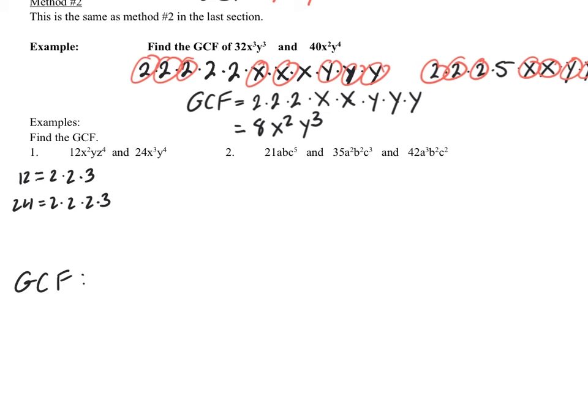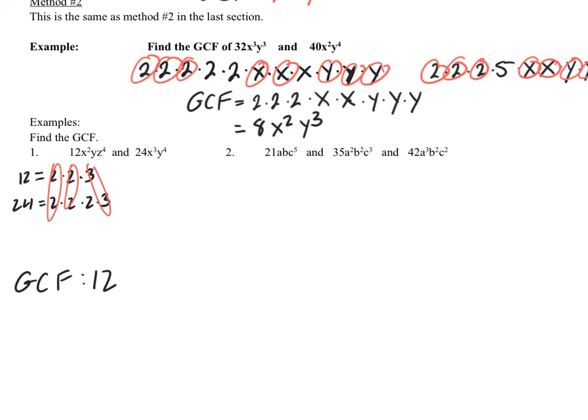Here's our prime factorization for the numbers, and we can see we have a pair of 2s and a pair of 3s. So 2 times 2 is 4, times 3 is 12. So our coefficient GCF, or the GCF of the numbers, is 12.